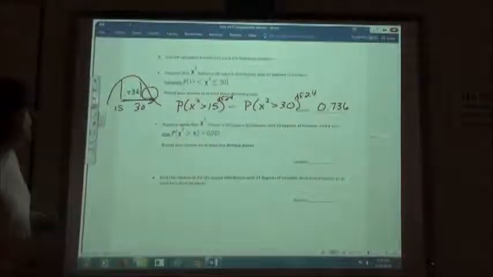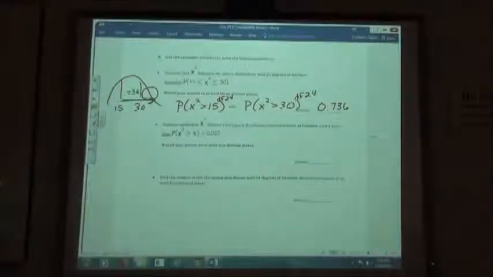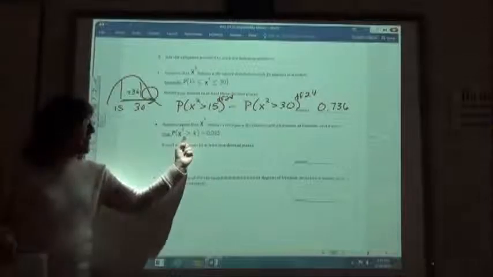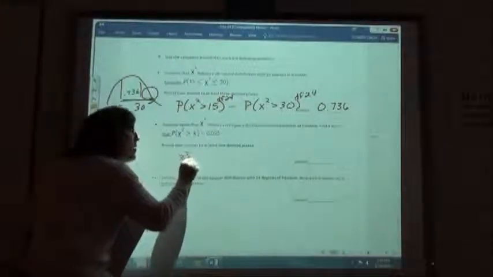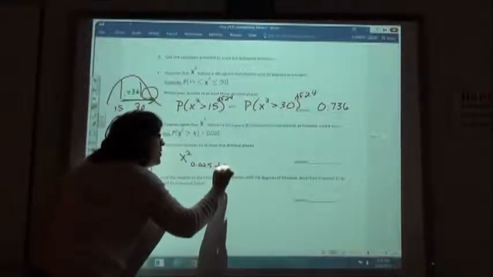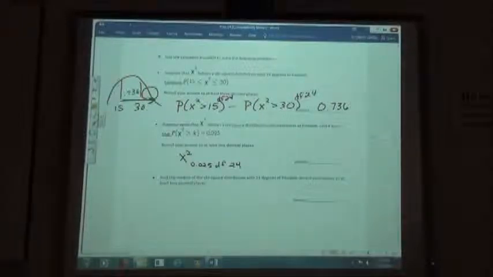All right, the next one. Okay, it is the same as we did on the other one, except they changed the degree of freedom. We are given the area to the right because it's a greater than, so we're just going to do the chi squared sub 0.025 with the degree of freedom of 24. If it's a greater than, you just use the number that's there.